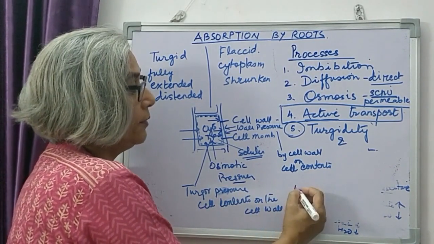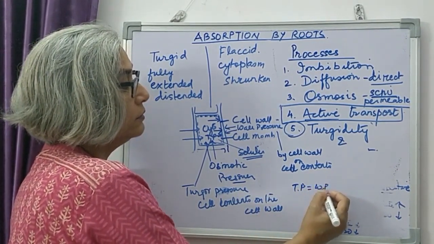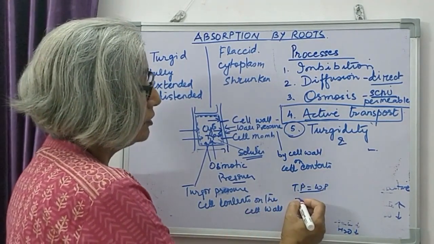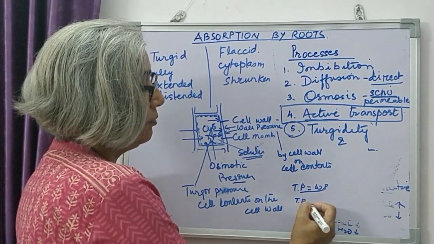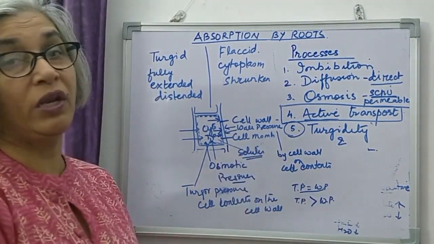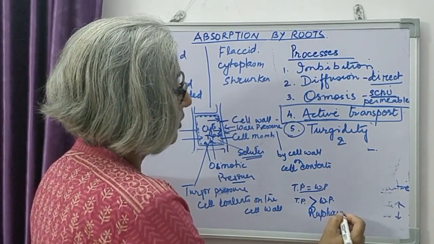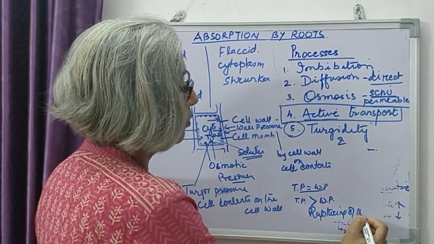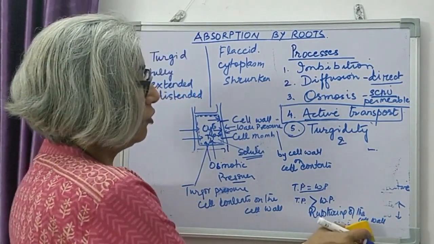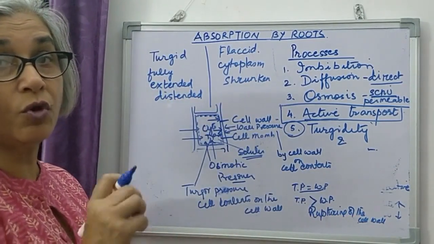So, if turgor pressure is equal to wall pressure, nothing will happen to the cell. But if turgor pressure becomes more than the wall pressure, then there will be rupturing of the cell wall, because the pressure from inside that is exerted on the cell becomes more.